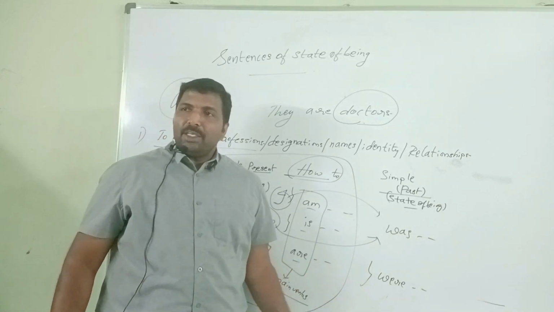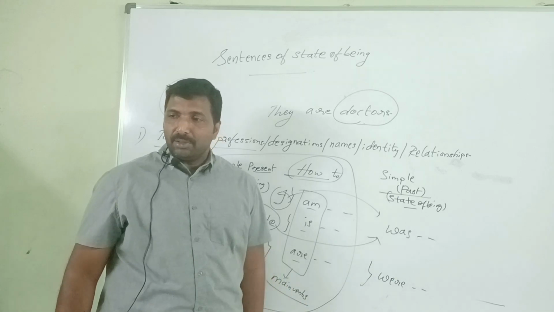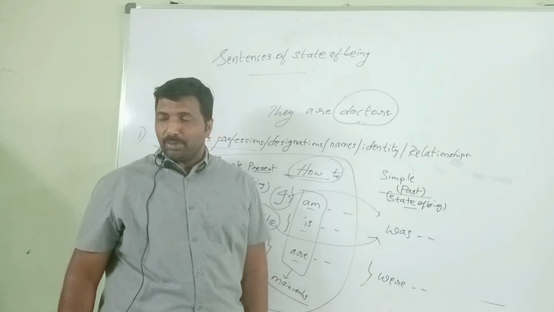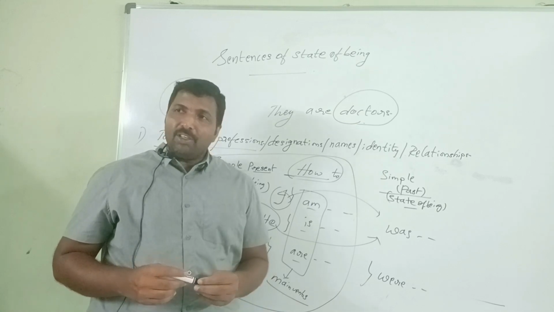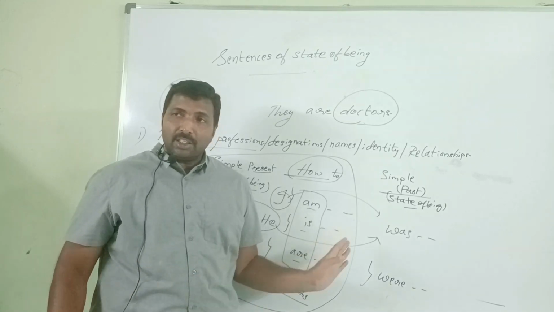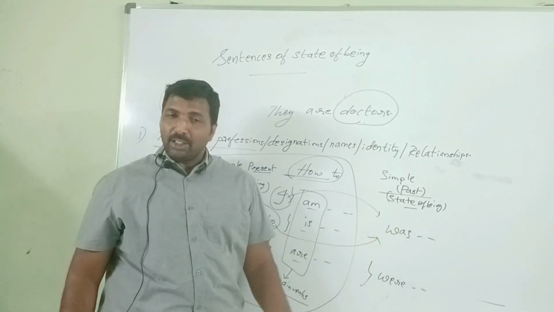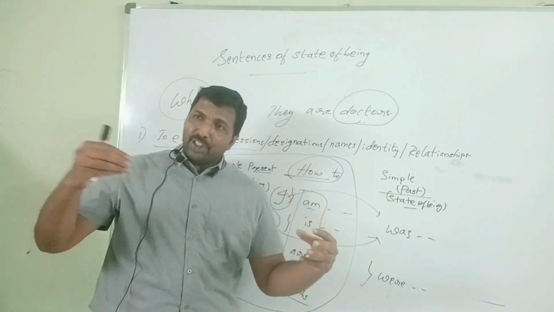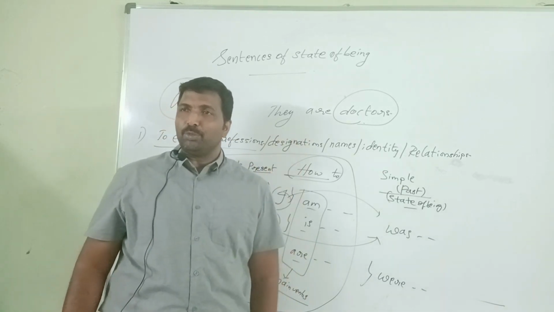Were itself is the main verb. He was busy 1 hour back. Was itself is the main verb. He was selected 1 week back does not belong to simple past state of being. He was selected means action happened on him, so it belongs to action sentences, simple past passive.